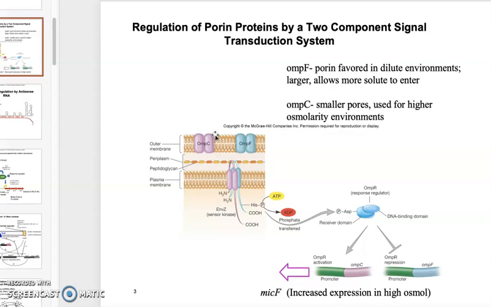Being smaller pored, it allows fewer ions into the cell. If you allow too many ions in, you can create an imbalance across the membrane, and water will flow in and the cell will lyse.